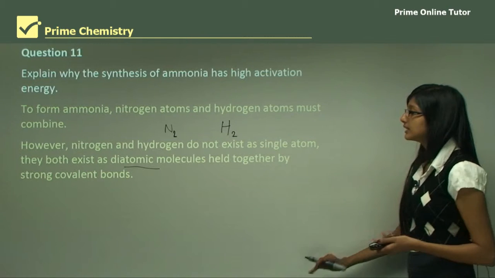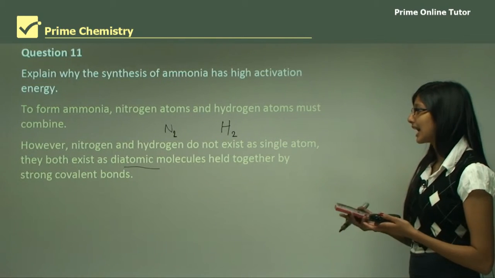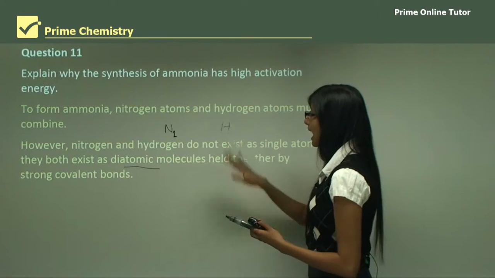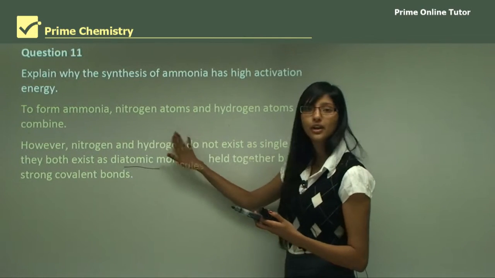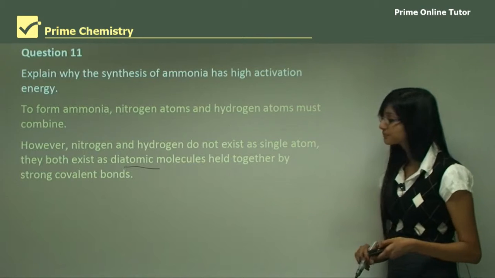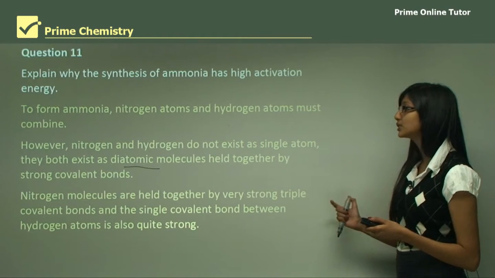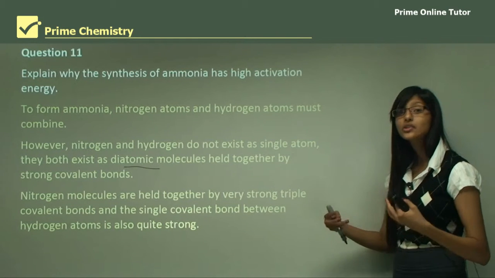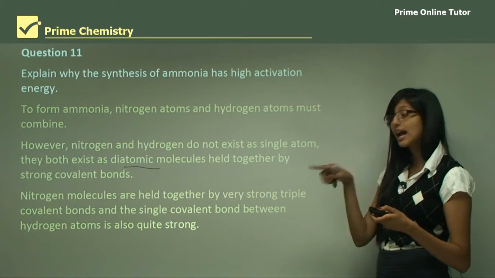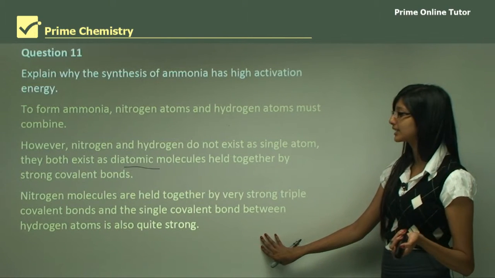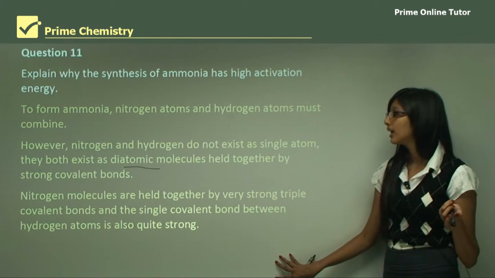Now, both of these exist as diatomic molecules held together by covalent bonds. Nitrogen molecules are held together by very strong triple covalent bonds. So between the nitrogen atoms, there are actually 3 covalent bonds, and the single covalent bond between hydrogen atoms is also quite strong.